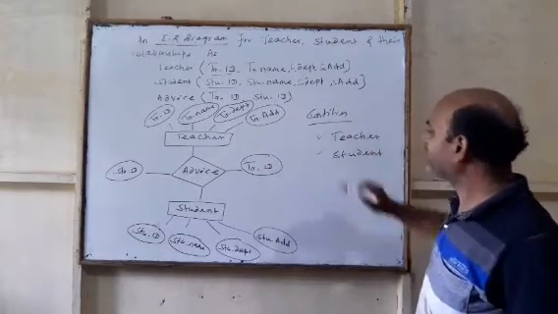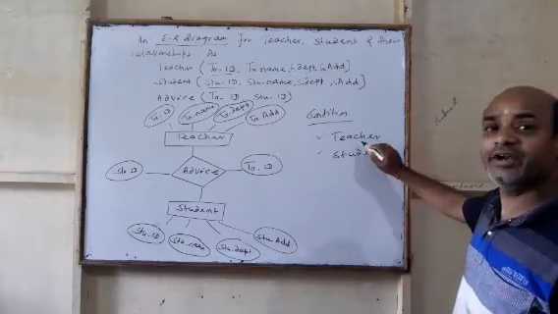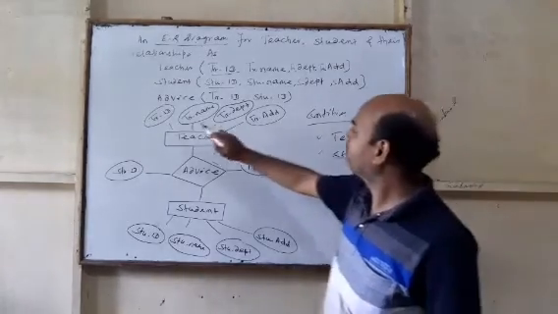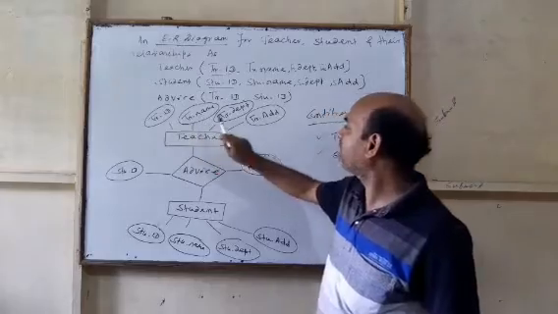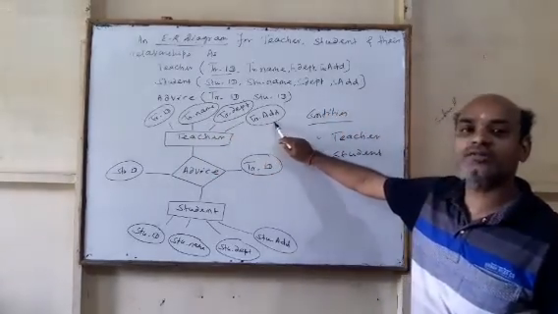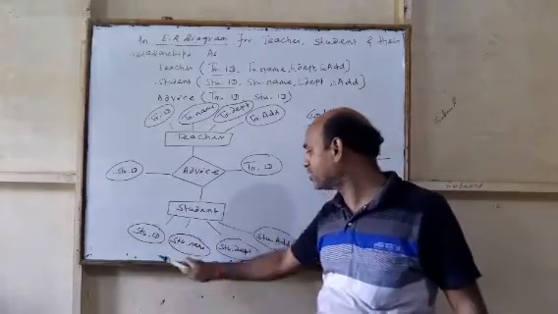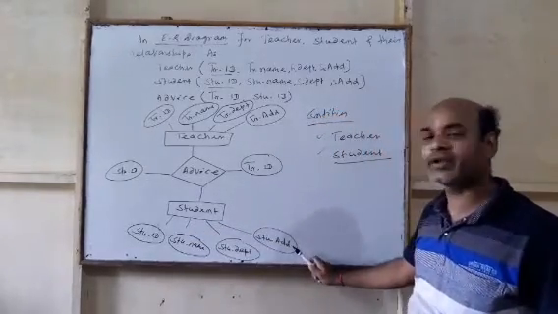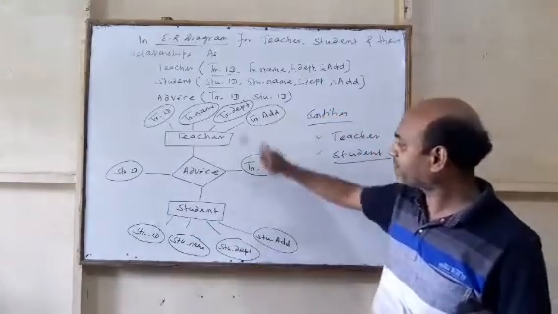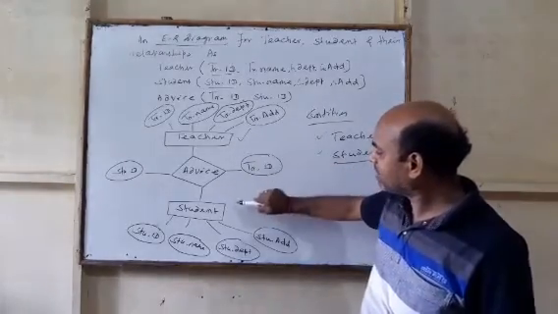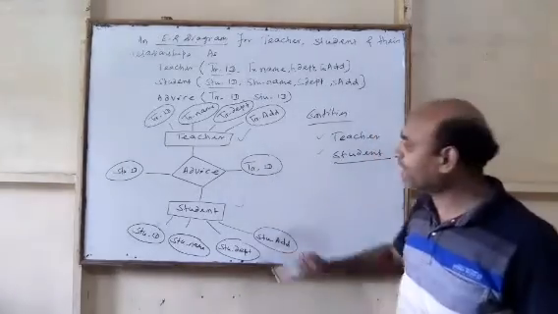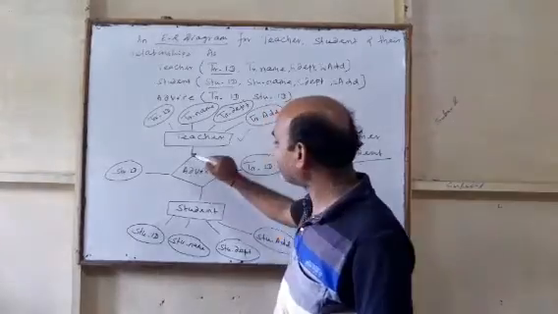These are two entities. A teacher is an entity whose attributes will be teacher ID, teacher name, teacher department, and teacher address. And student is another entity whose attributes will be student ID, student name, student department, and student address. These entities are interlinked with another relation whose name is advice.